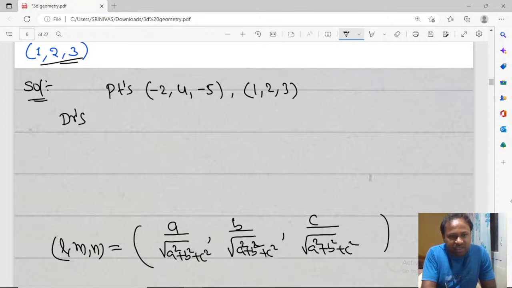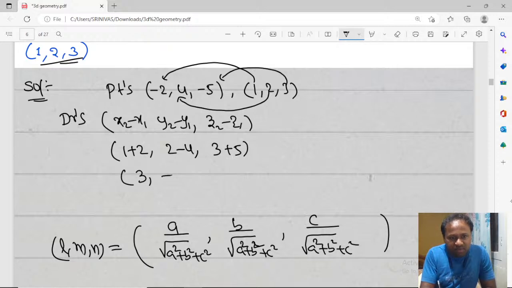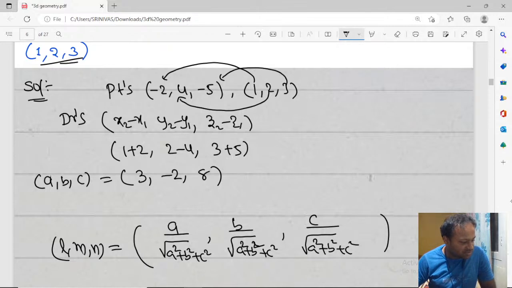DRs we can find based on this formula: x2 minus x1, y2 minus y1, z2 minus z1. So how to find? 1 plus 2, next 2 minus 4, next 3 plus 5. So that is 3 comma minus 2 comma 8. We got the DRs, ABC values.